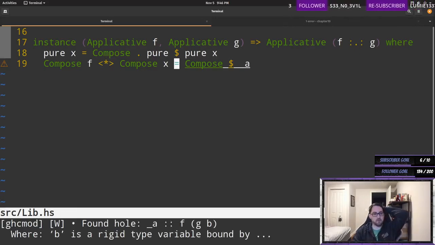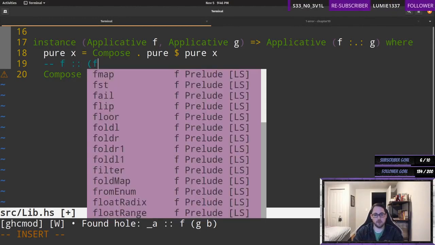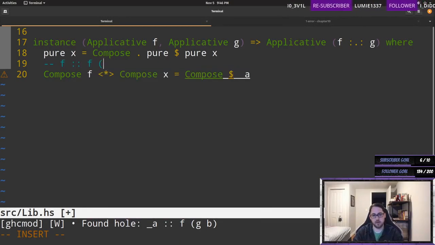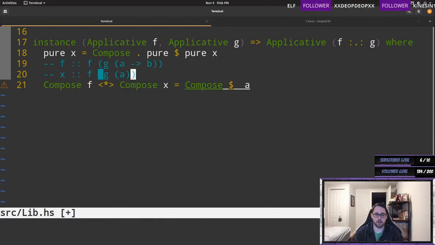So this f over here is basically f of g of a to b, and x is f g a. Right?